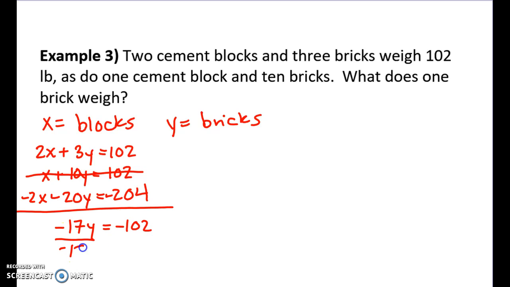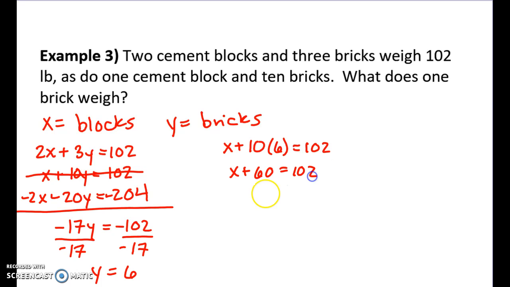Divide both sides by negative 17. I get that y is equal to 6. So now I'm going to take that and plug it back in. I know that x plus 10 times y, or 10 times 6, is equal to 102. So that's x plus 60 equals 102. So x is equal to 42.